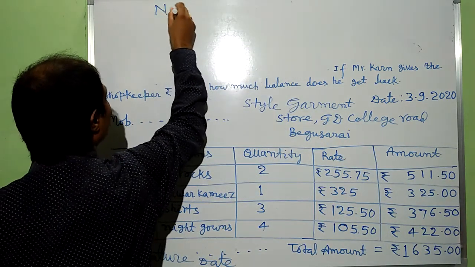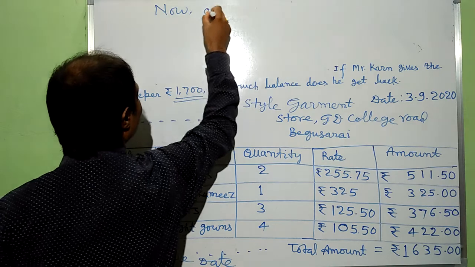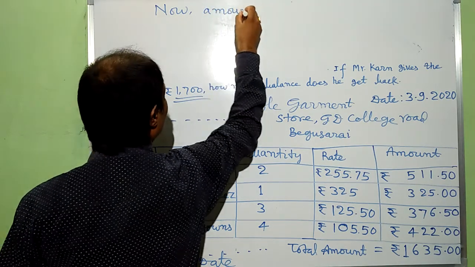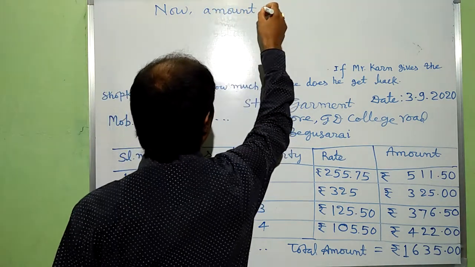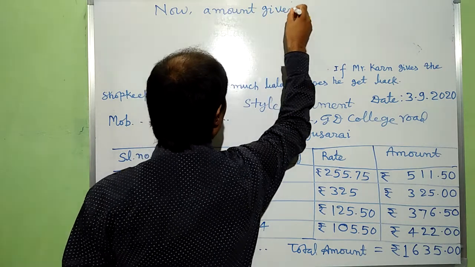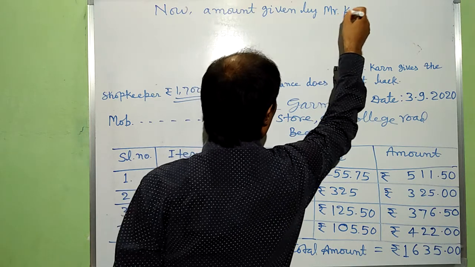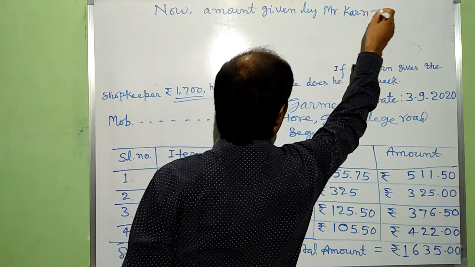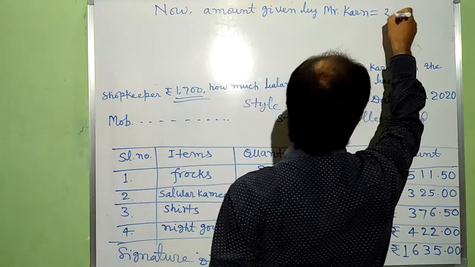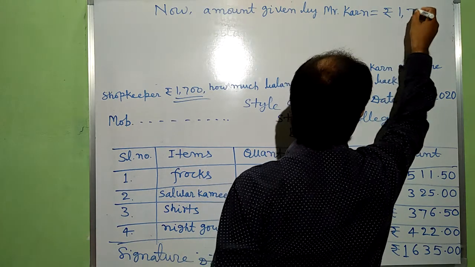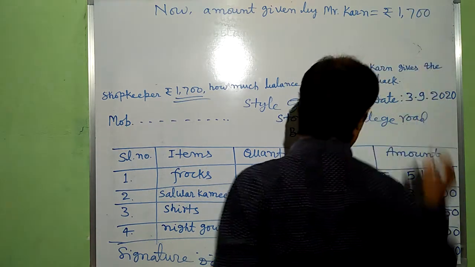Now, the amount given by Mr. Karn is equal to rupees 1,700.